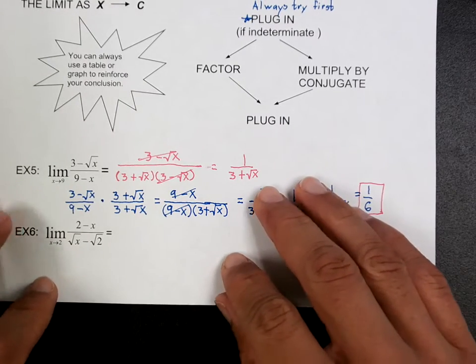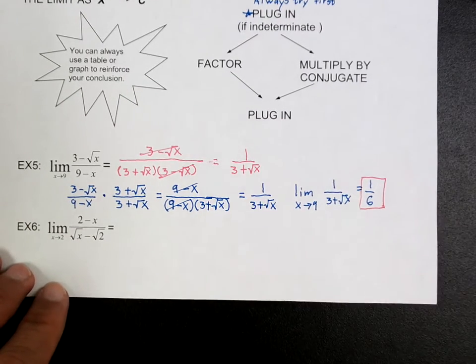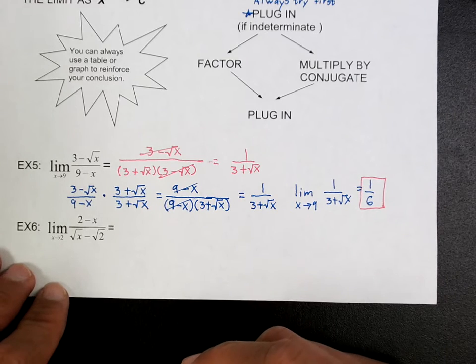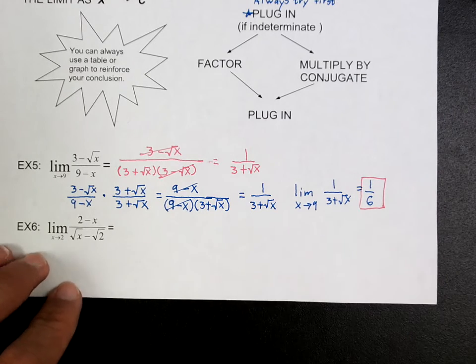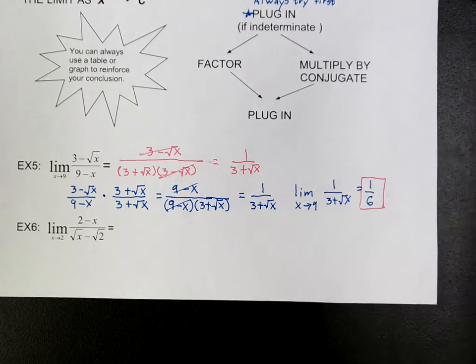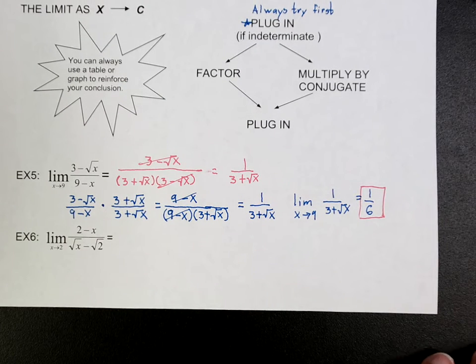All right. On example 6, I'm going to do one more multiplying by the conjugate. Okay, so on this one again, I'm going to pick the one that has the square roots. Let's see. Before I do that, ooh, this one's tricky. Okay, let me see.